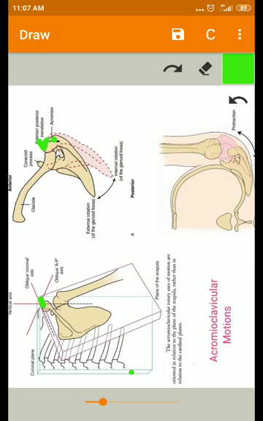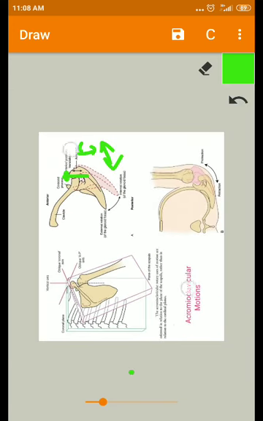So the translations which usually occur at the acromioclavicular joint are defined as anterior and posterior translations, medial and lateral translations, and superior and inferior translations.